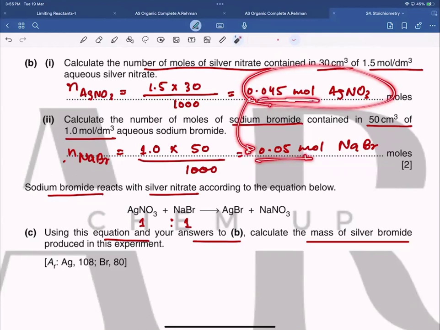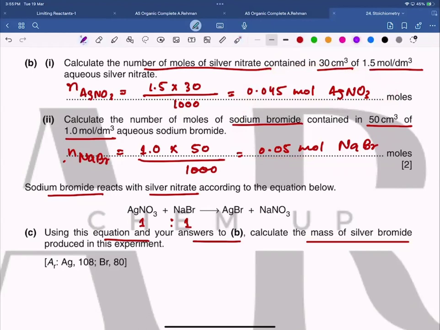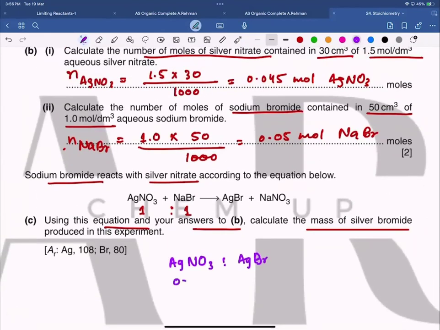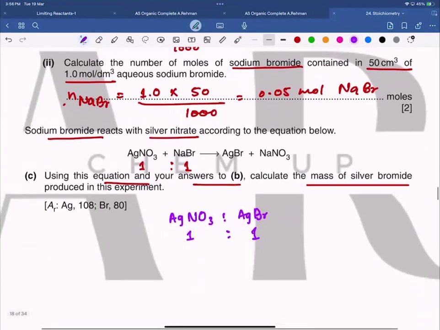So silver nitrate is my limiting reactant because the ratio is 1:1. So you will take the ratio of silver nitrate with silver bromide. According to the equation, their ratio is 1:1, so the value of X would be 0.045.